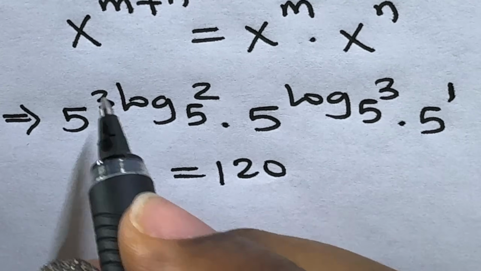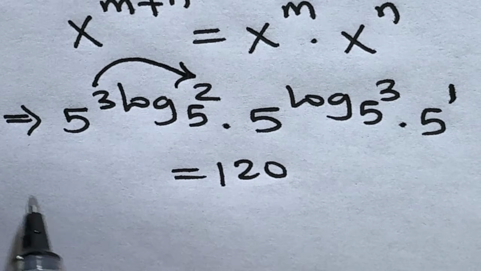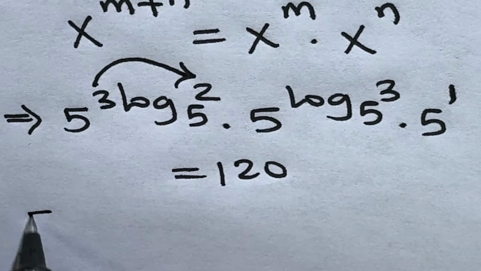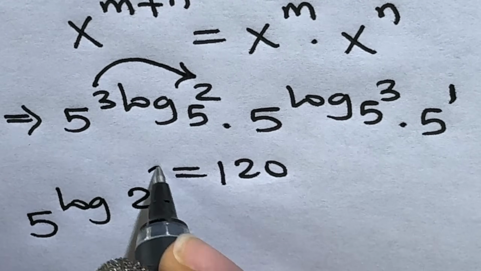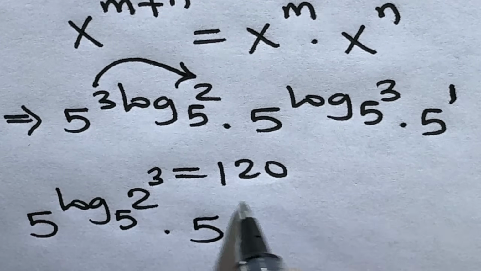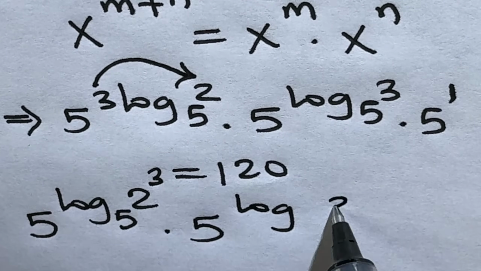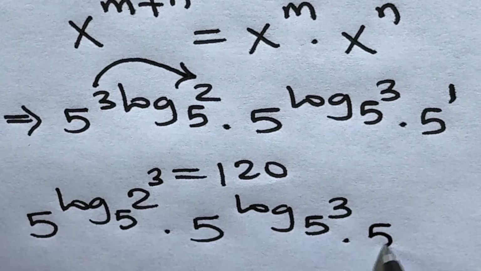This first one, we can take this power all the way here by law of logarithm. So we have 5 raised to power log 2 raised to power 3 base 5 times 5 raised to power log 3 base 5. 5 raised to power 1 is just 5.